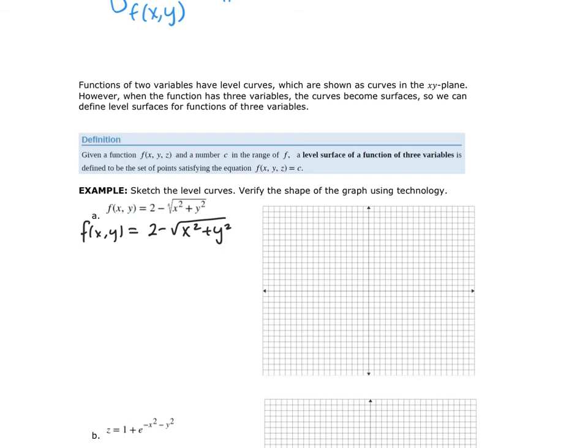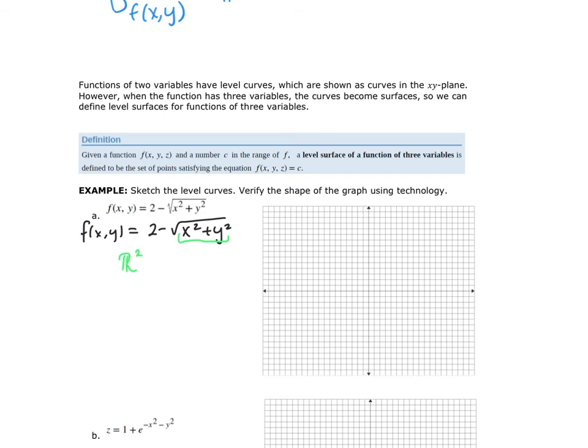So first thing is, this is underneath the square root, but they're both positive, and I'm adding 2 positive numbers together, so at a very minimum I have 0, right? 0 plus 0, which is totally okay to take the square root of. Because I have x squared plus y squared, and they're both being added together, my domain is all of R2. I don't have any restrictions on that.